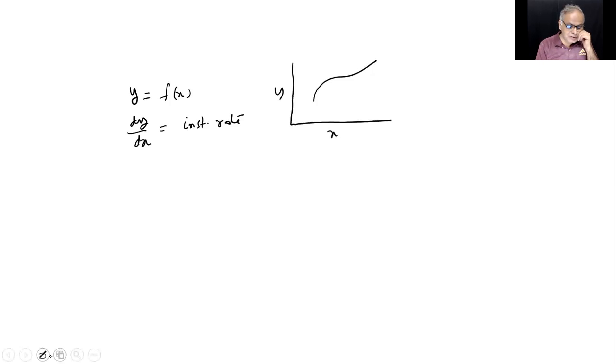It means slope at some point here. The slope of this is what we call dy by dx, the slope at a point to the curve. Okay, this is the mathematics part of it.